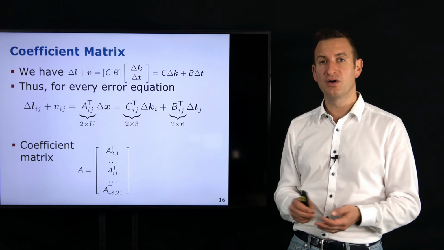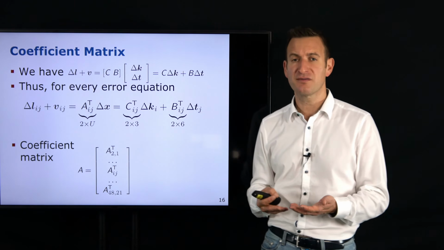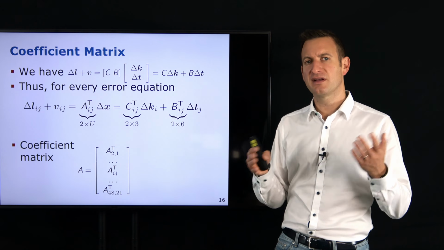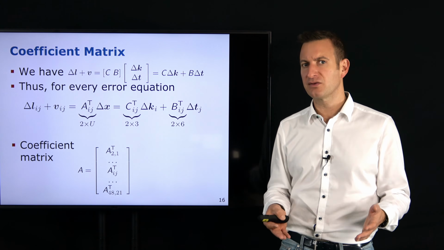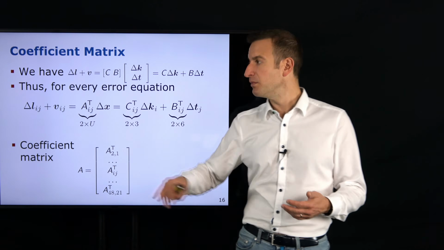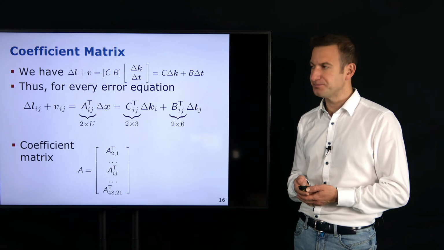And again, this coefficient matrix is the Jacobian of my error function, and it also becomes clear that if you have a parameter that is not involved in the estimation, the derivative with respect to that parameter will be 0. That's the reason why the Jacobian or the coefficient matrix here has all those zeros in there.